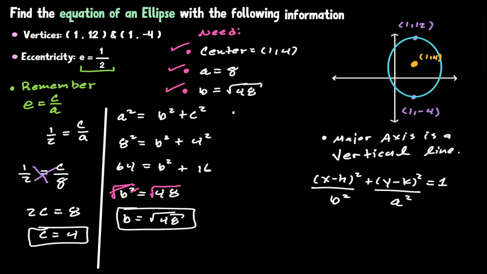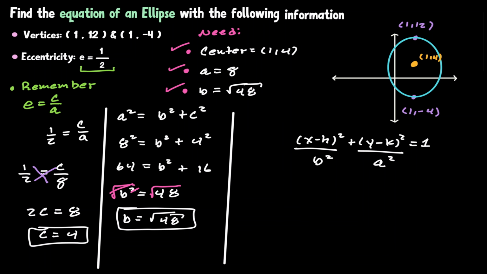So now we're done. Because now we can plug the information of the center (1, 4) as (h, k), the value of 8 as the denominator of the second fraction, and the value of the square root of 48 as the denominator of the first fraction. So now let's define our equation. We're going to get (x minus h, which is 1) squared plus (y minus k, which is 4) squared equals 1.